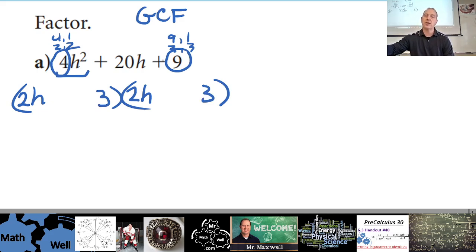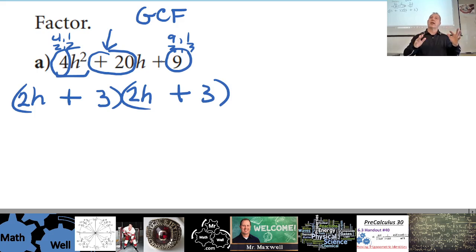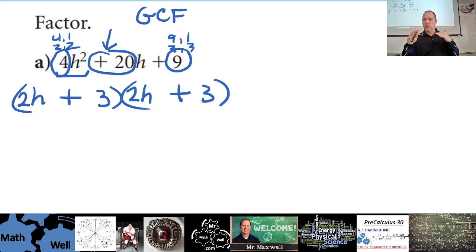Now this is a positive, so I have to consider 2 negatives or 2 positives. When you look at this value here, that's a positive 20, so probably a better idea to choose 2 positives because it's going to have to add up to a large positive. You see that? So there's a little bit of guessing, a little bit of reasonable, educated intuition here.